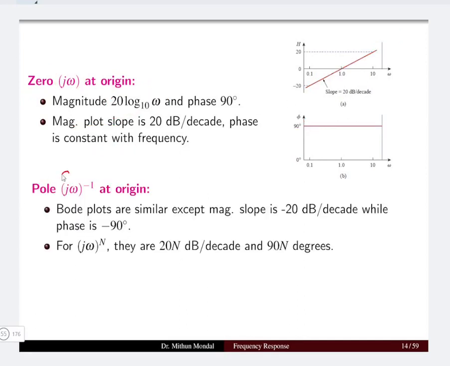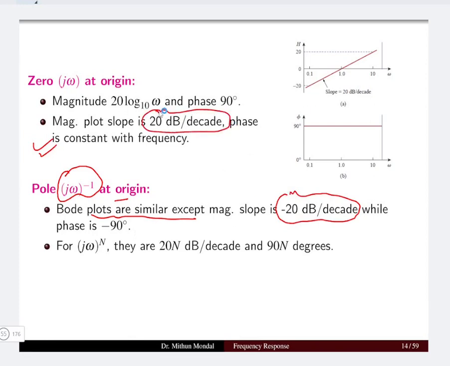If you have a pole at the origin, then Bode plots are similar to the previous discussion, except that the magnitude slope will be minus 20 decibel per decade. Here we have 20 decibel per decade in zeros, but the pole will have minus 20 decibel per decade and the phase will be minus 90 degree, whereas in zero the phase is at 90 degree.